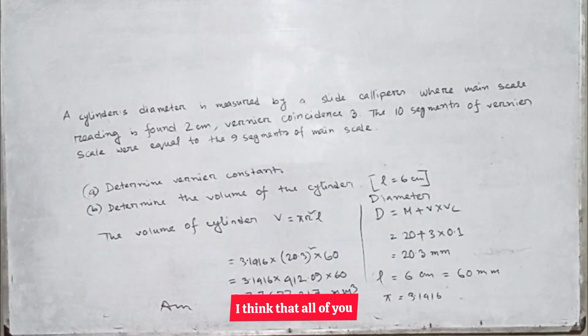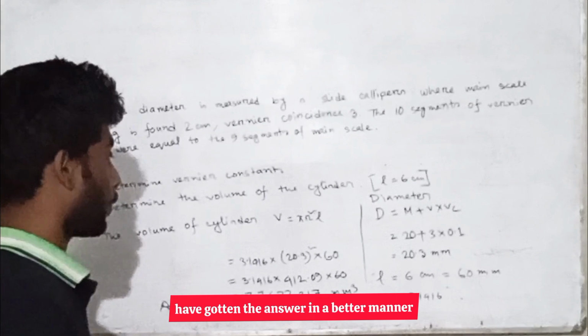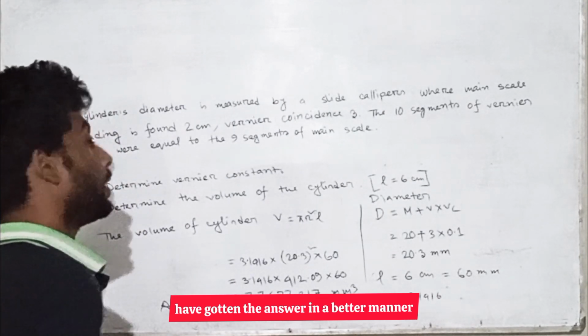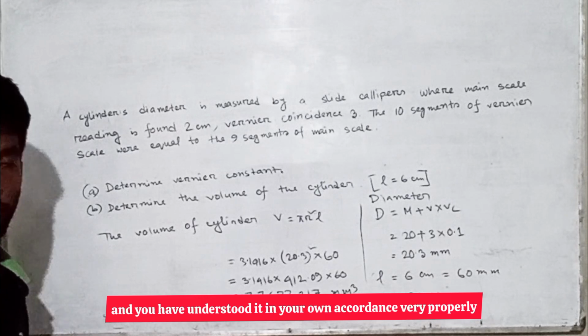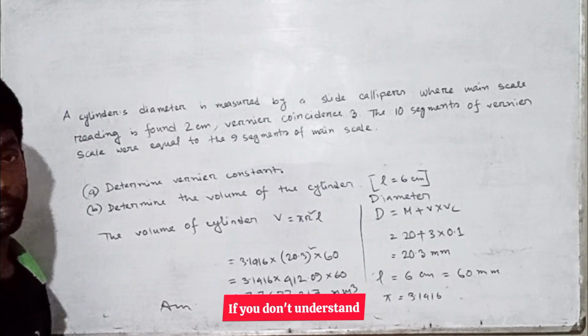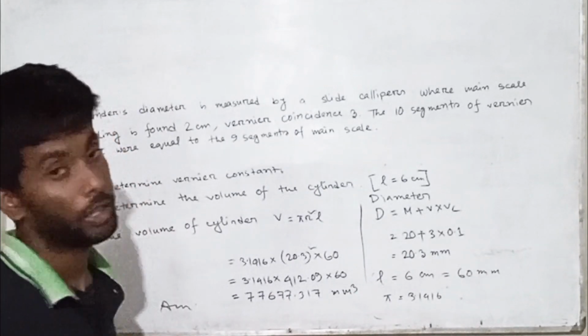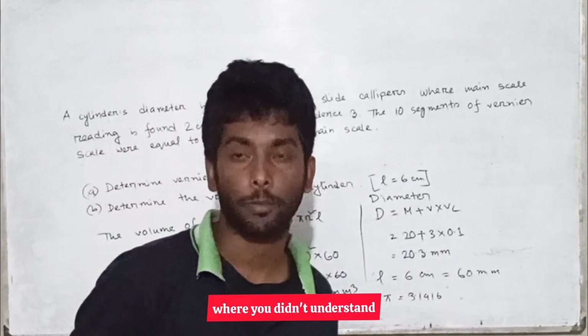I think that all of you have gotten the answer in a better manner and you have understood it in your own academics very properly. If you don't understand, please let me know which part of the video you didn't understand.